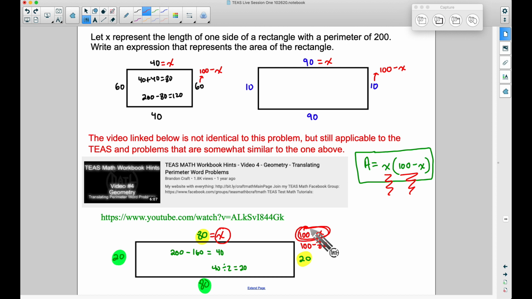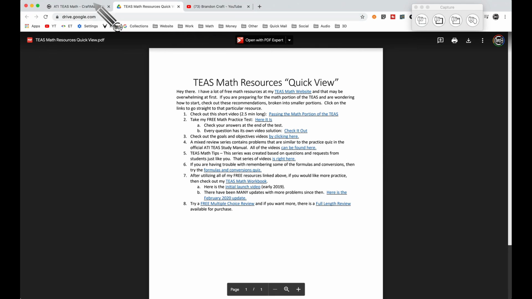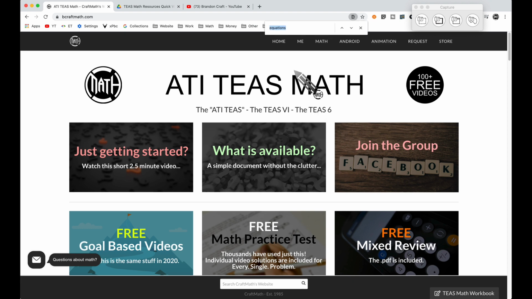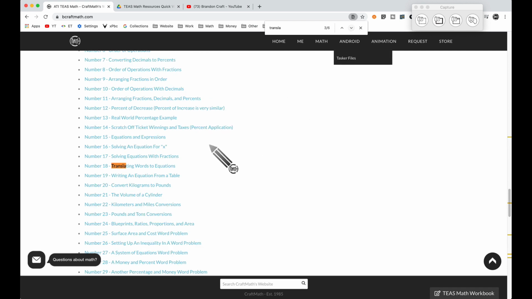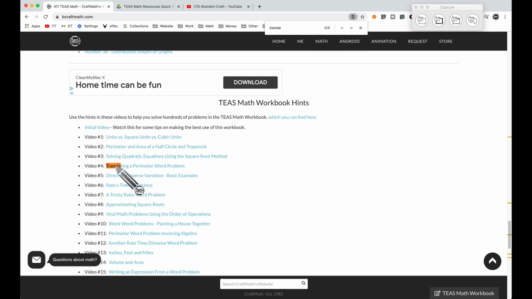Or what I would encourage you to do too is look for some keywords at my website. Translating. Check this out. If I go back to my TEAS Math page and I search, if I type in translate, or I can just put in TRANSLA, it appears 6 times on my website. And notice, translating words to equations. Let's see what some of these other ones are.